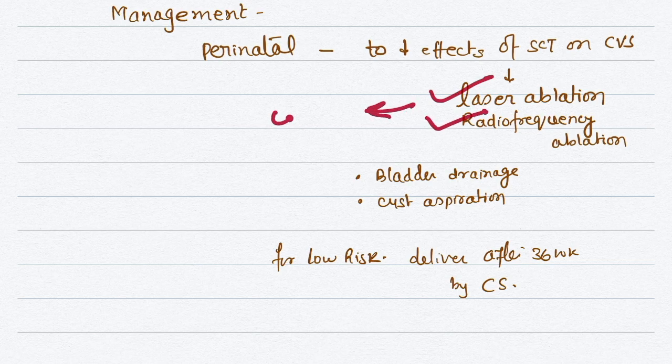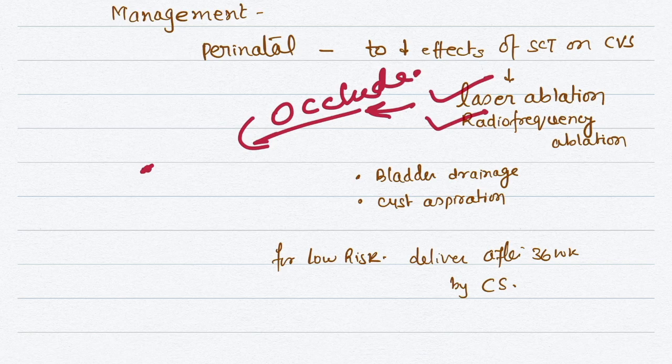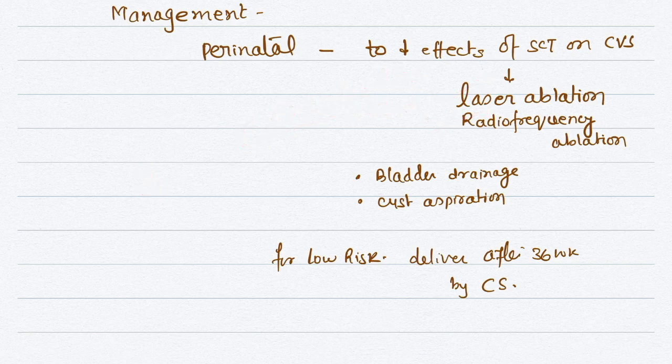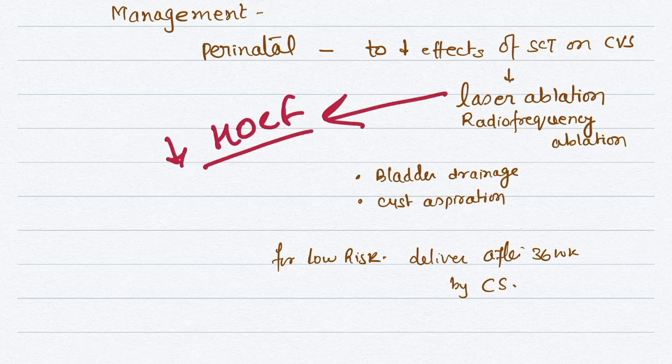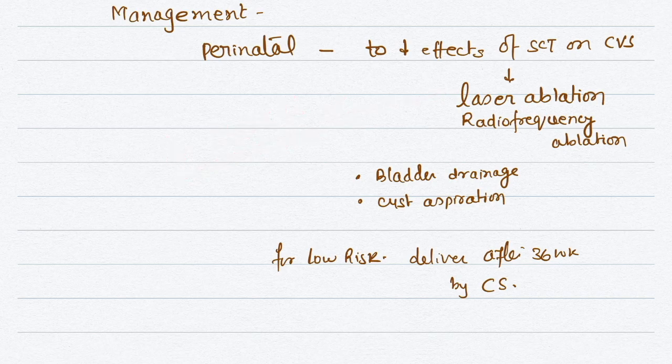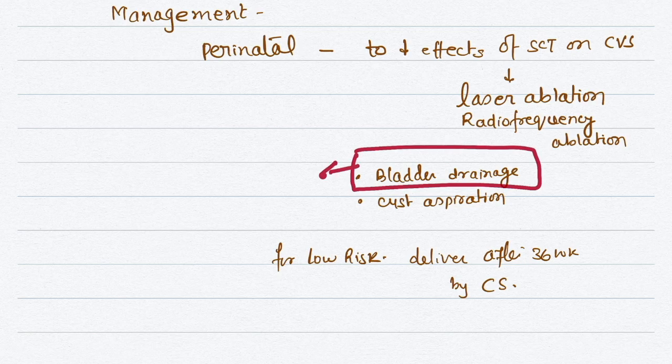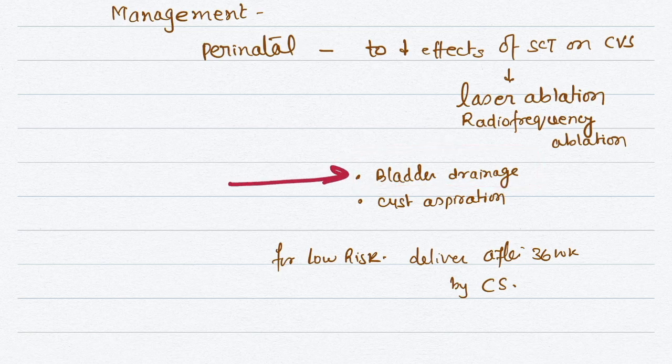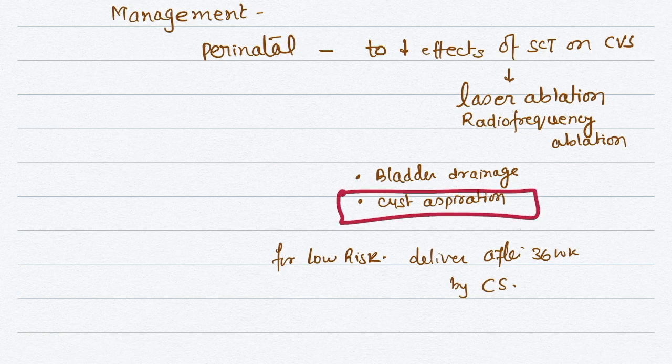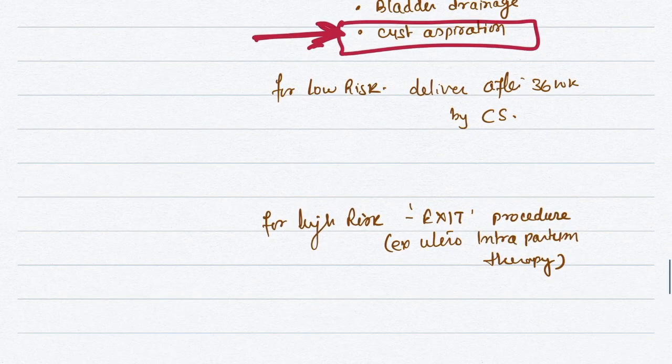We occlude the blood vessels, and this occlusion of blood vessels results in a lesser amount of development of HOCF and decreases the chances of HOCF. Other procedures can be used to relieve hydronephrosis: we can use bladder drainage, and to relieve the pressure symptoms on other organs, we can use cyst aspiration by a thin needle.